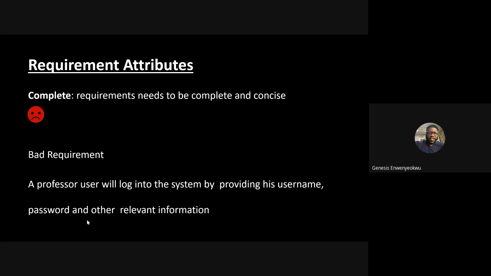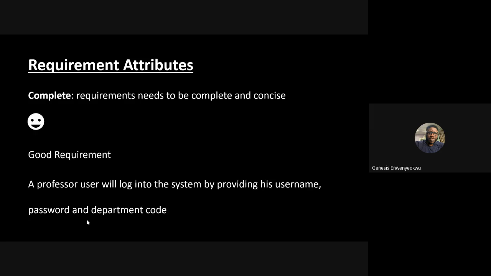Okay, so just as you said, it's very, very vague, right? And anyone can make an assumption on behalf of the business analyst when implementing this. So it is said that this requirement is not complete and it's not concise. And that is how most people write requirements. Whenever we're writing requirements as a business analyst, we need to ensure that our requirement is complete and concise, and it does not create room for assumptions.